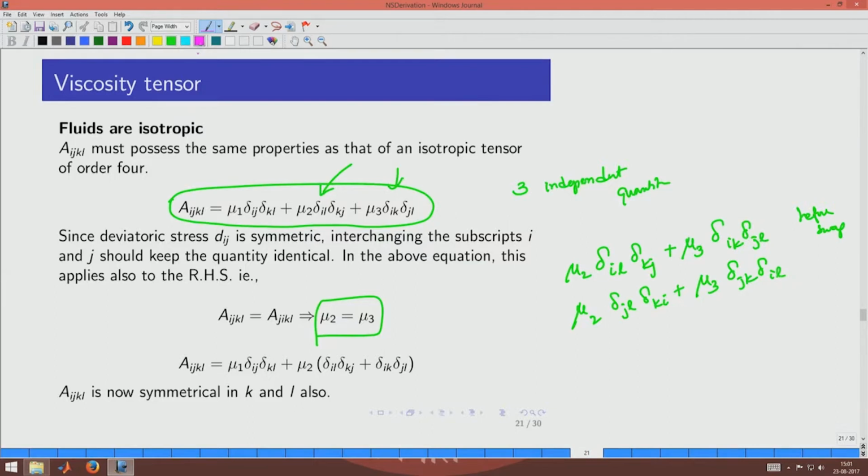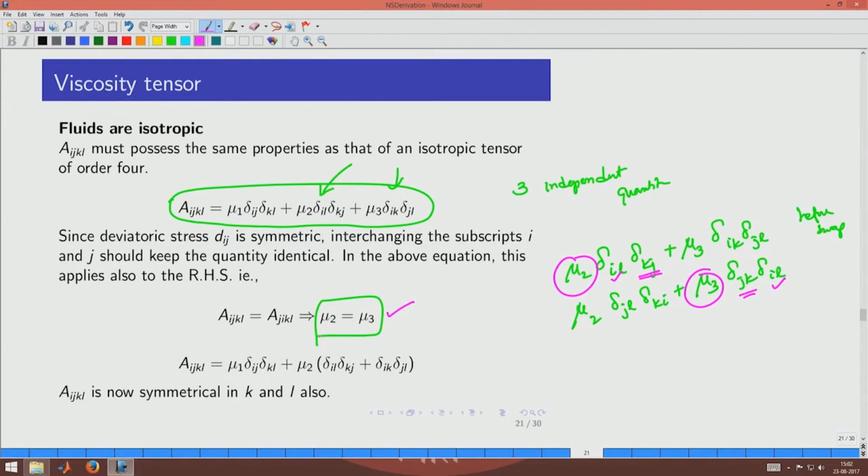Now, you see that these 2 are the same, delta Jk and delta Kj, because the Kronecker delta is a symmetric tensor. So, these 2 are the same and these 2 are the same, which means that this and this must be the same. Okay. So, that is exactly what we have written here, saying that we actually do not need 3 independent quantities for the property A, just 2 is enough. So, that is how we have reduced.